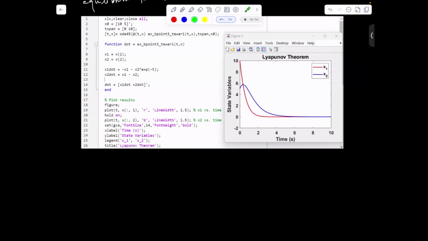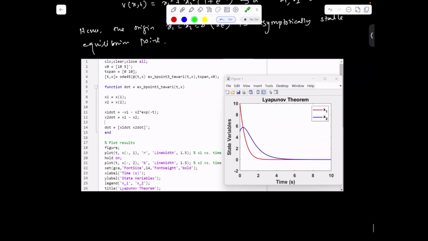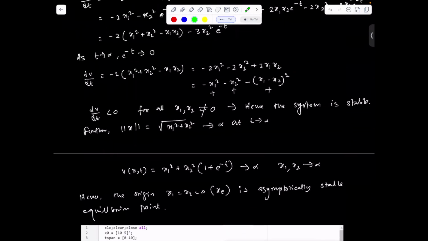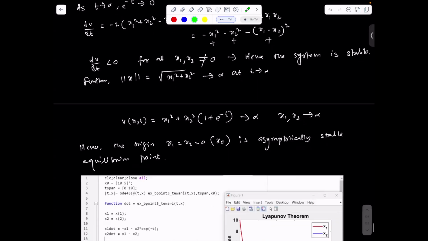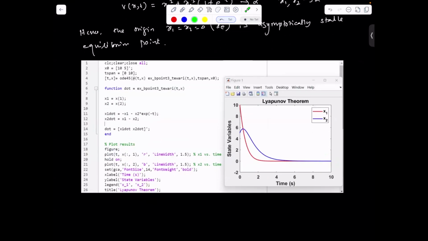So this system is asymptotically stable, and we have also validated this through the analysis we have done with V dot. The equilibrium point is found to be stable, and we can also see it through this response. So this is how we can analyze the system without solving the equations of the dynamics of the system.